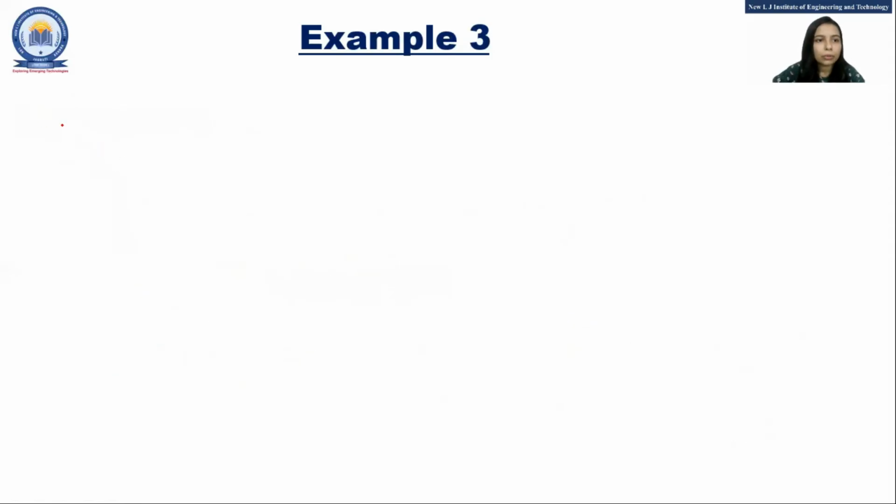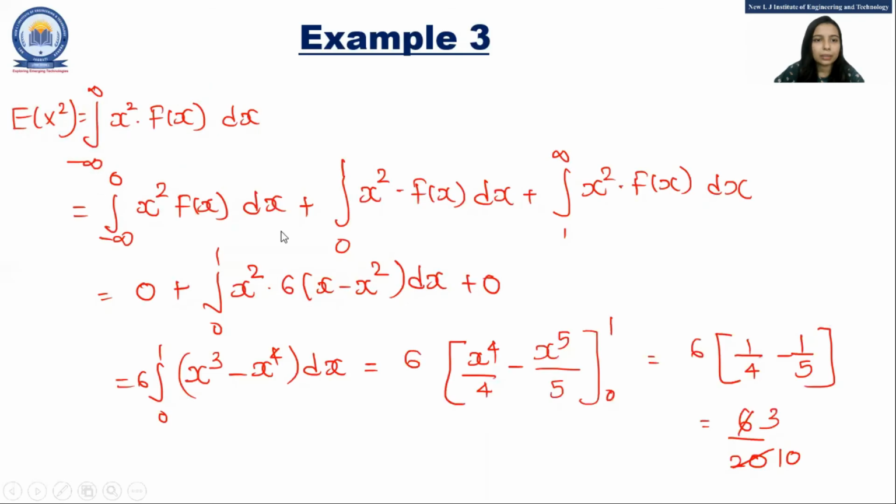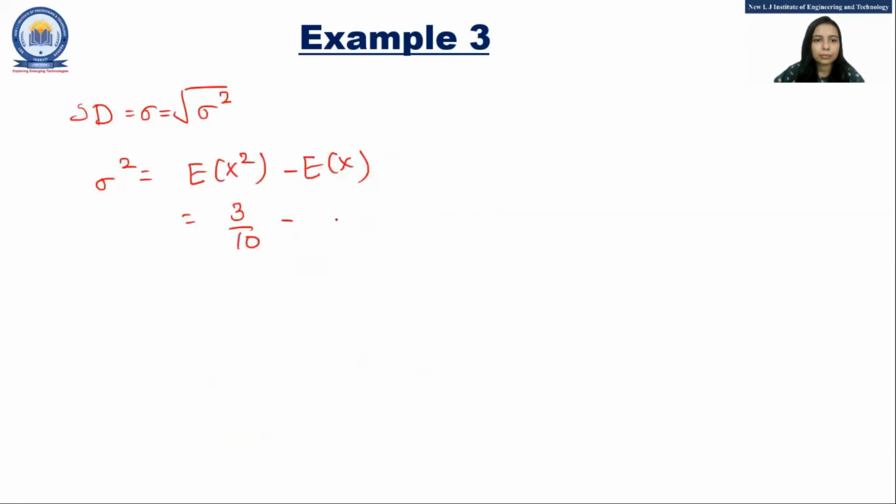Now, in order to find the standard deviation, SD is equal to square root of sigma square, and that is denoted by sigma as well. So sigma square is equal to E of x square minus E of x whole square. So E of x square is 3 by 10, and the value of mean is 1 by 2, so 1 by 2 whole square.